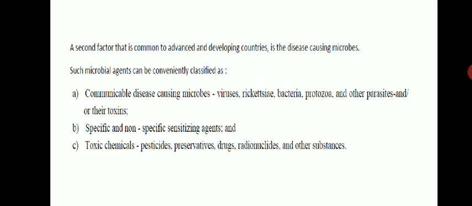Next, specific and non-specific sensitizing agents, and next, toxic chemicals like pesticides, some preservatives, some drugs, radionuclides and other substances. So these are the agents that can be classified into these three groups.